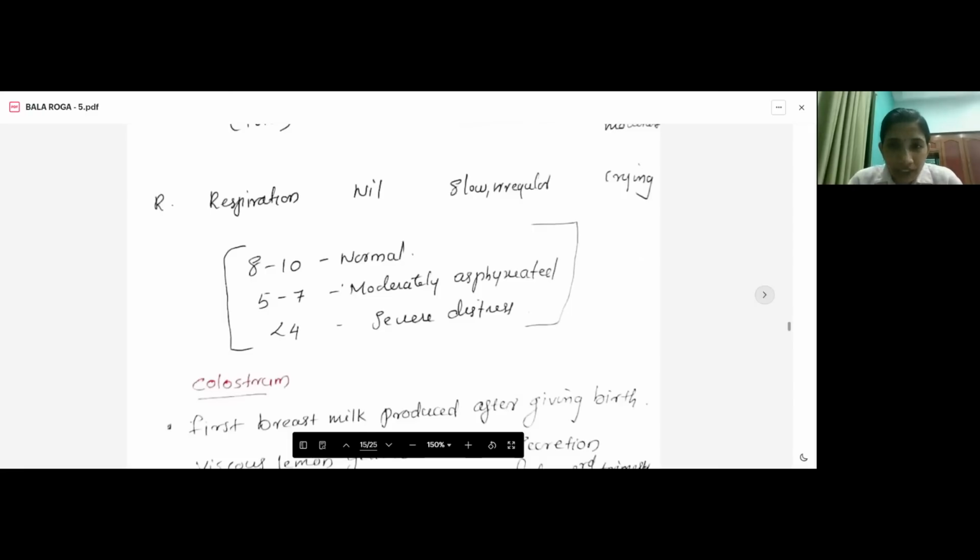By totaling all these scores, if the total is between 8 and 10, the baby is quite normal. If the score is between 5 and 7, it is moderately asphyxiated. And if it is less than 4 or 3, severe distress is present, so we can infer the baby has some neurological problems or CP is present.